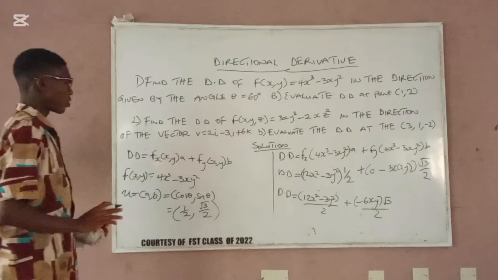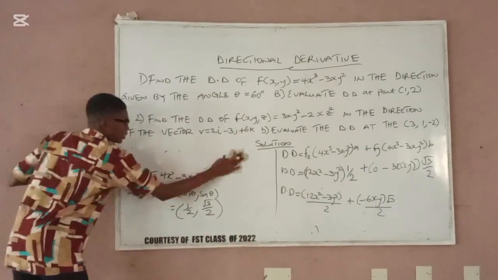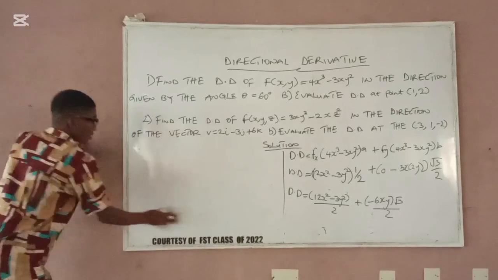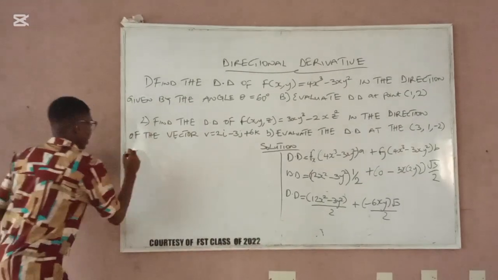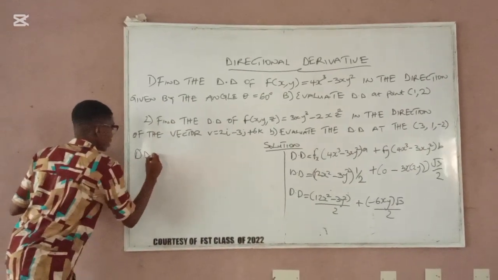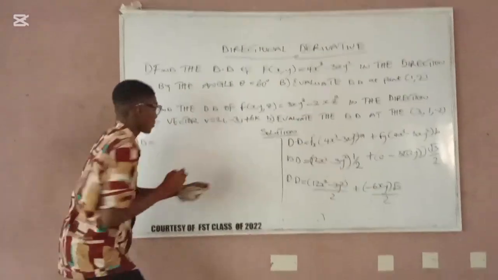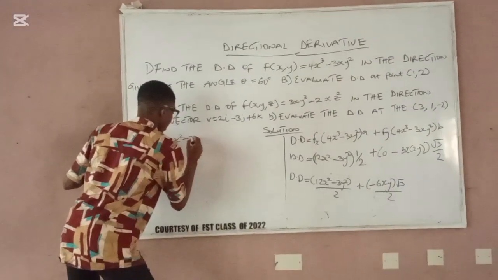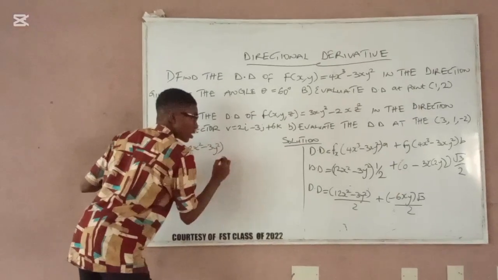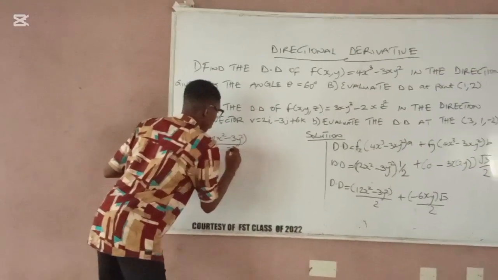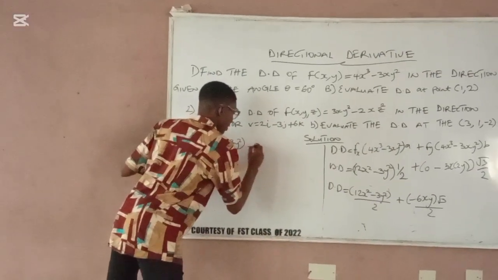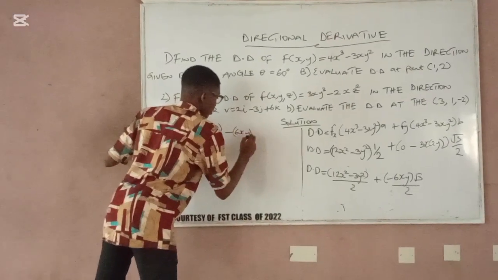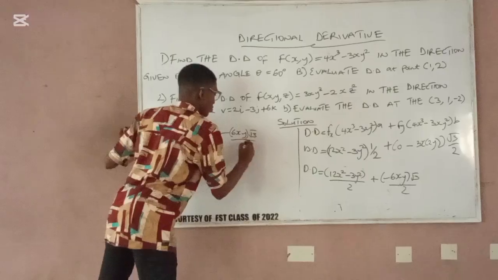Now the directional derivative DD equals (12x squared minus 3y squared) over 2, minus 6xy times root 3 over 2.